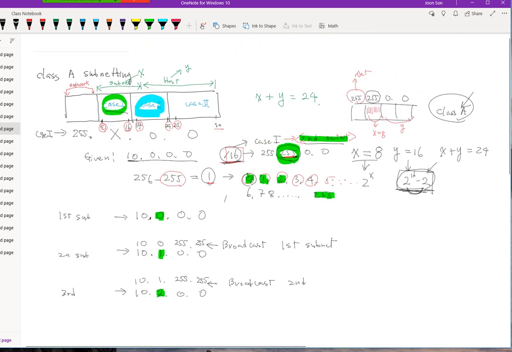For case number 1, we know that x ends somewhere here, in the second octet. And then this is my y. So that's case number 1, right?